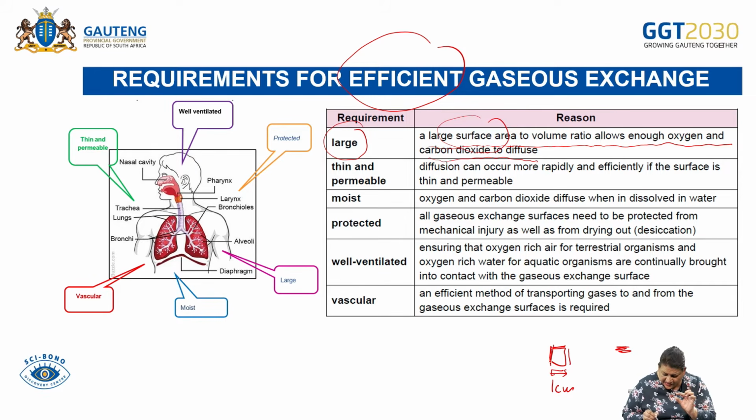This is a surface, that's a surface, that's a surface, and that. So there are 4 surfaces, which are much greater compared to the actual volume. Can you see? So therefore, the surface area is greater than the volume that it occupies.